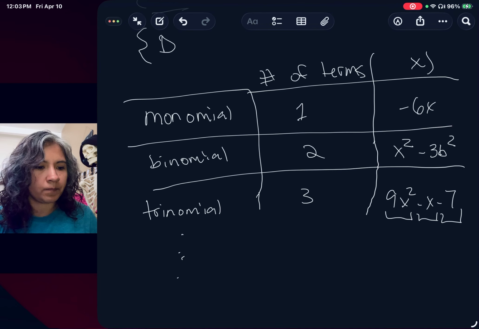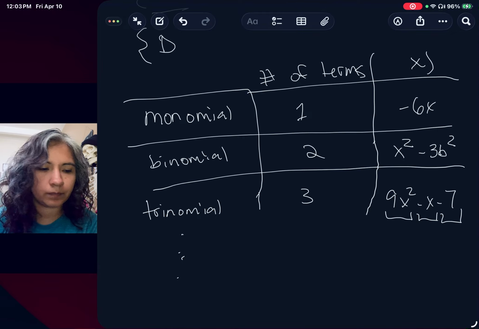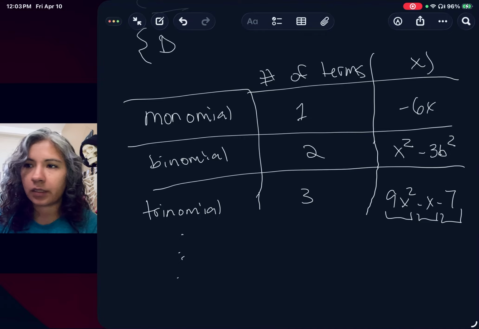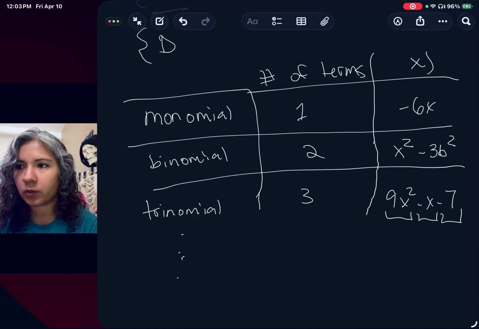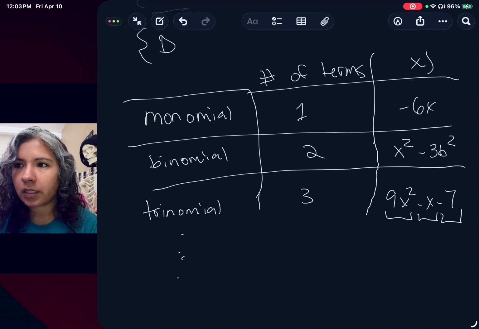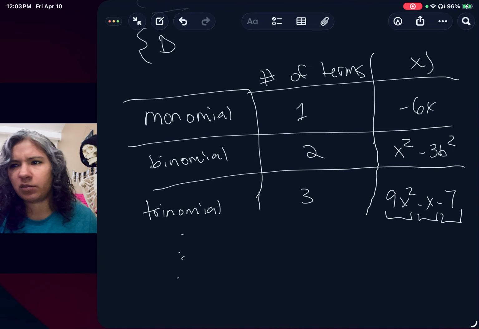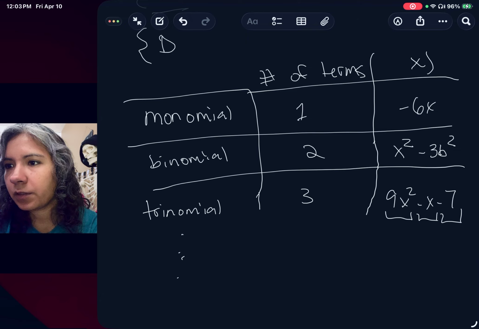Okay, each term has a sign number and can have one or more variables. And the variables are the letters. Sometimes the sign number part isn't written, right? So let's take this trinomial right here.